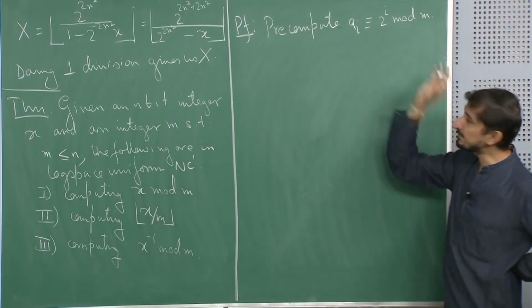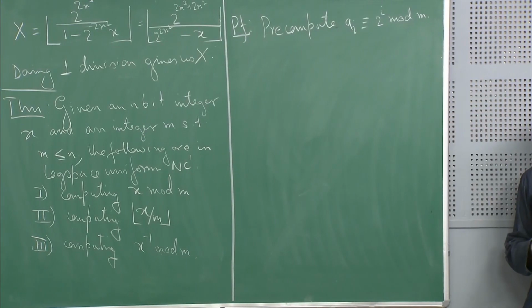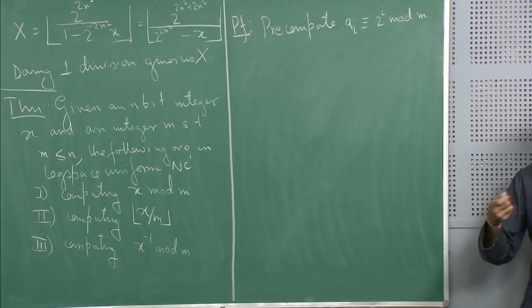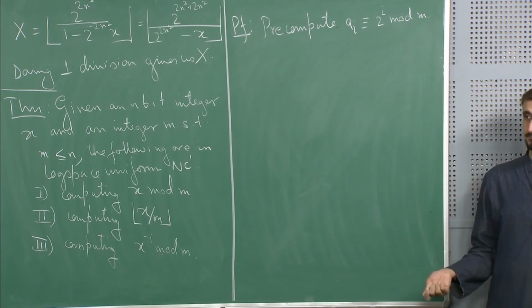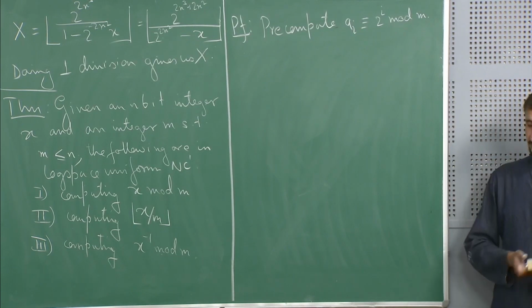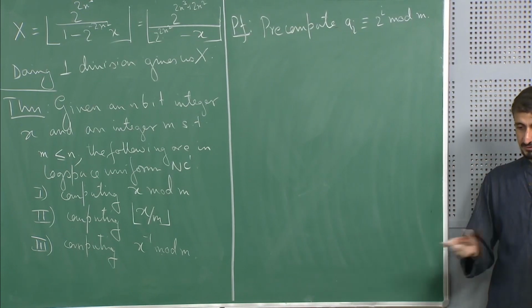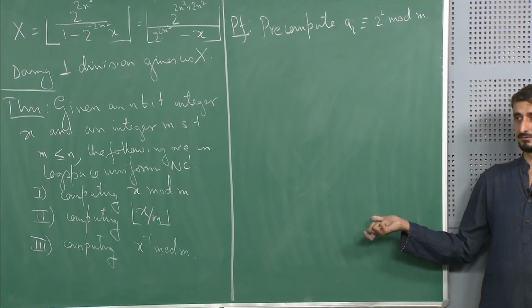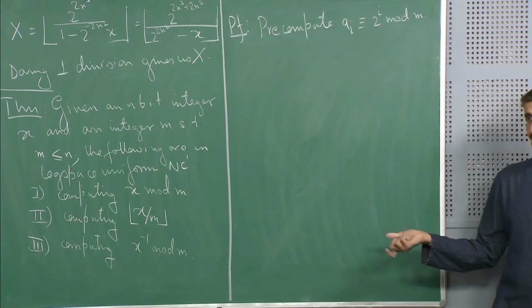But that is what I am saying. So, m actually does not matter, because m is so small, m is just log n bits, so you can actually do this for each and every m. So, you can think of it as follows, that for each and every m I have a different circuit.